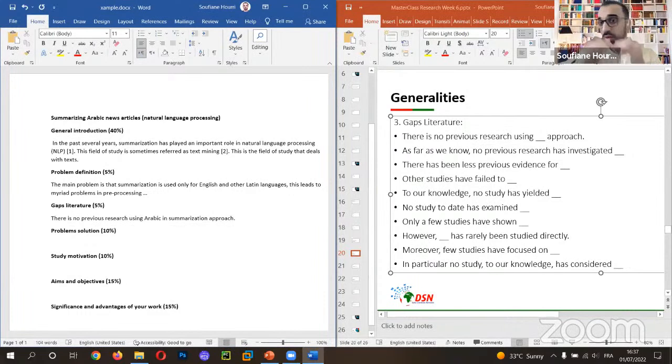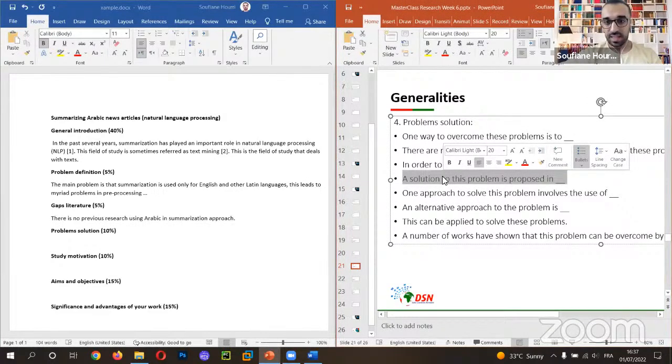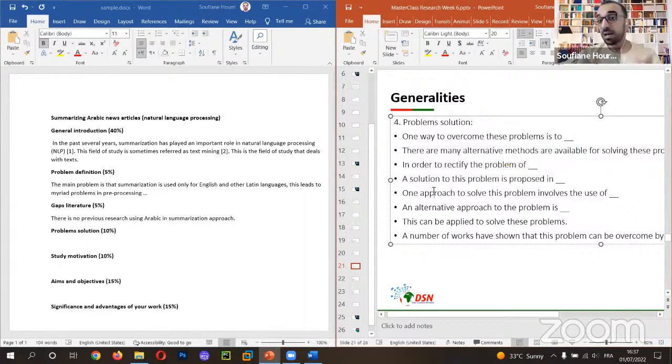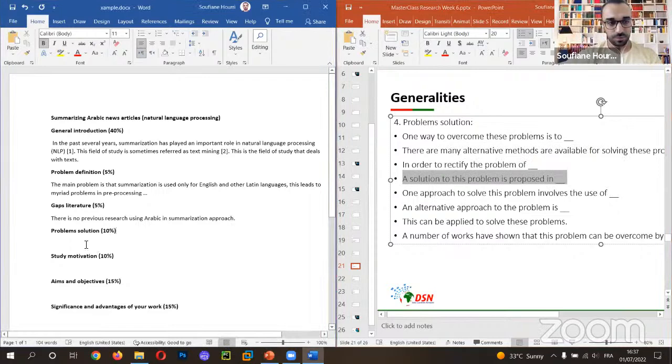We can also combine these two. And of course I will go to the problem solution. For example, if someone already used or proposed a solution, we can use this one. For example, a solution to this problem is proposed in, and I need to cite that article.